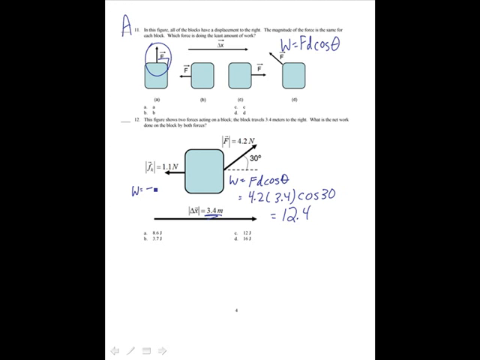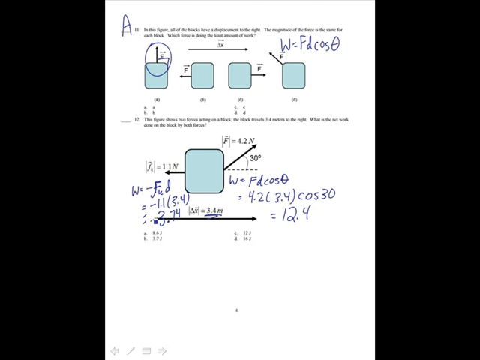Now the work done over here is going to be negative because the cosine of the angle, cosine of 180 degrees, is -1. Or you can also just realize that the force is opposite the direction of the displacement, which gives you a negative work. Friction generally takes away from your energy. So it's equal to the force, which in this case is my kinetic frictional force, times my displacement: -1.1 times 3.4, and that's 3.74.